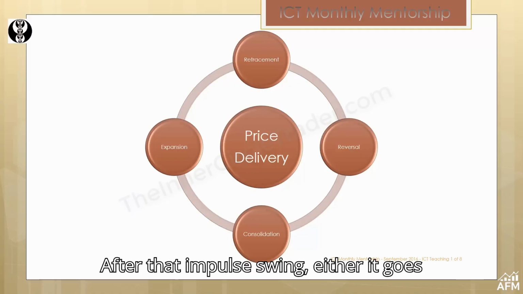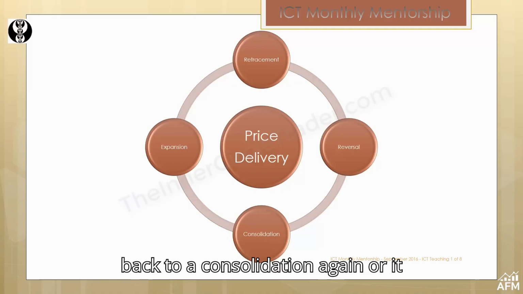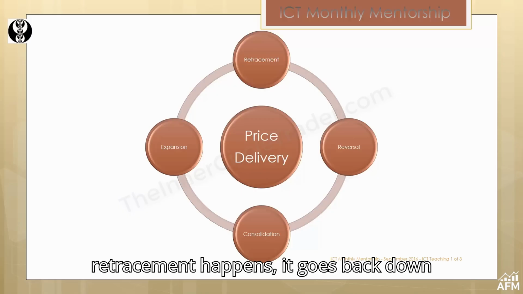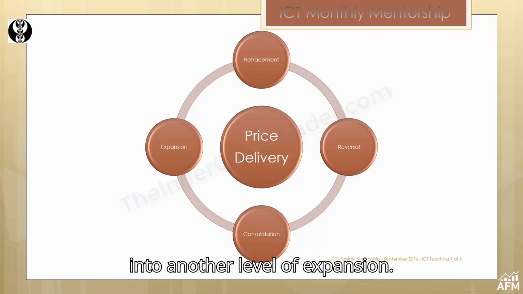After that impulse swing, either it goes back to a consolidation again, or it goes to a retracement. When the retracement happens, it goes back down into another level of expansion. Or after the expansion, it can go to a reversal pattern. After the reversal pattern, it'll see another retracement, then back to potentially a consolidation.